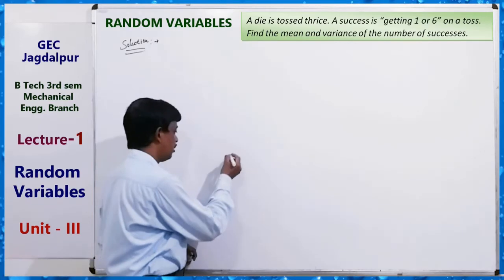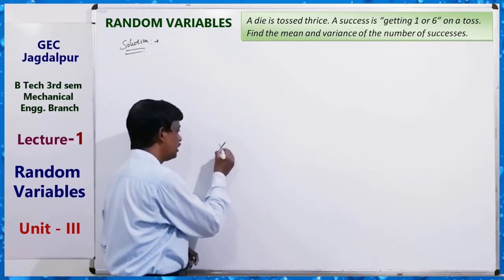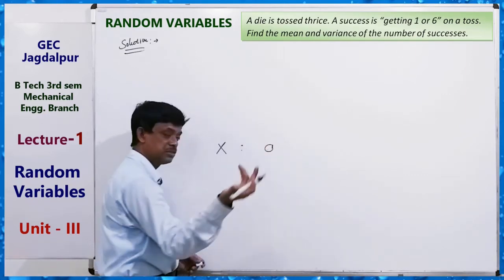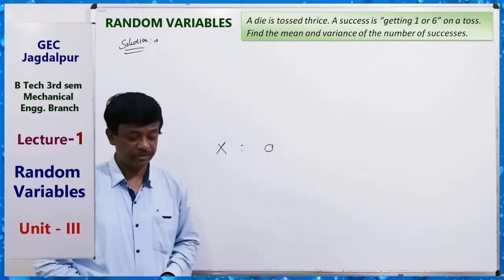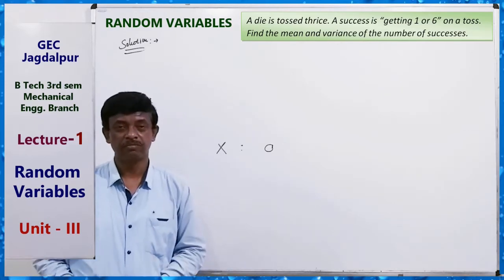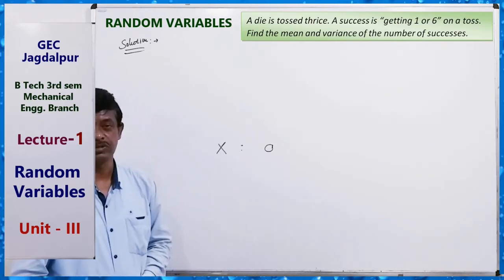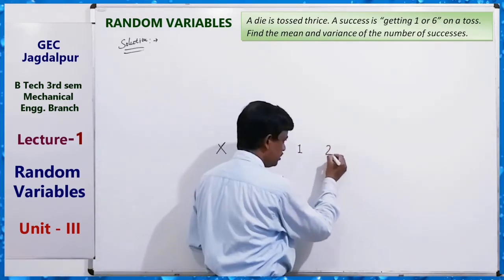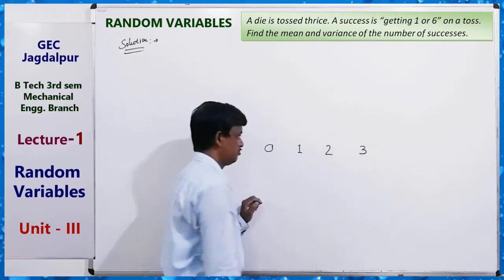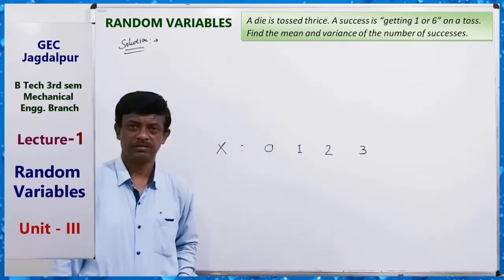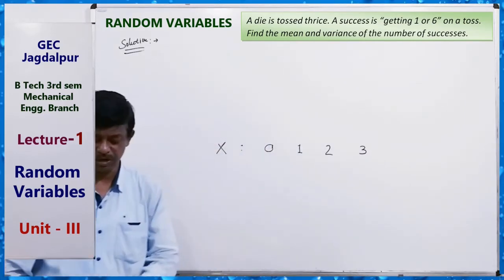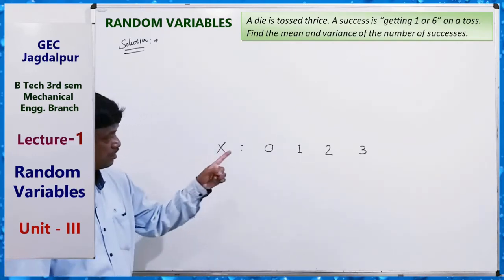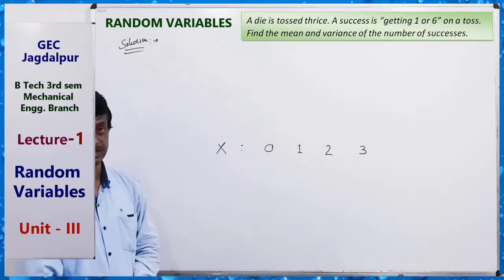So our random variable can take value 0, no success, maybe first time success and another time no success, so 1 success also, 2 successes also, 3 successes also. Maybe 3 times success, maybe 2 times, maybe 1 time, maybe 0 times. So the random variable can take values 0, 1, 2, 3.